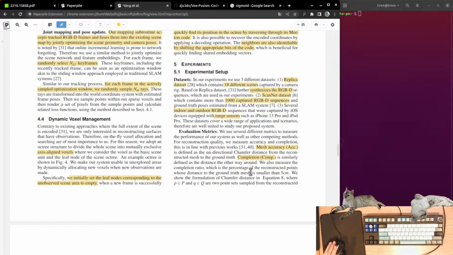So they're doing something similar here where they're saying, hey, if the reconstructed points are less than 5 centimeters away from the ground truth mesh, we're going to say that's fine. And then we're going to say what percent of the points are within 5 centimeters. The choice of 5 centimeters as opposed to 10 centimeters or 1 centimeter makes me think they literally were thinking about top 5 in their head. Okay, so formulation of chamfer distance, which is this mesh accuracy.